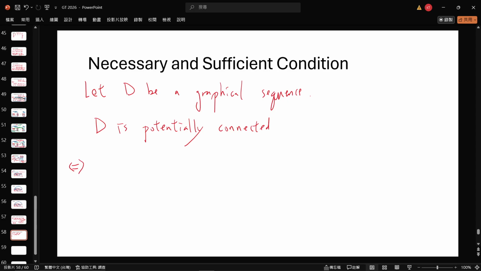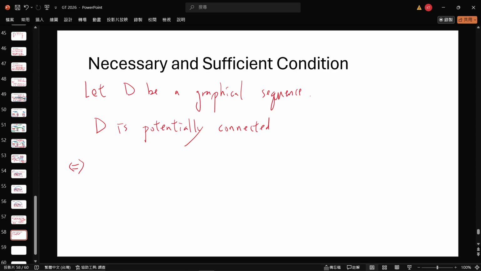So can you guess what kind of properties we need to guarantee potentially connected, just by looking at the degree sequence?